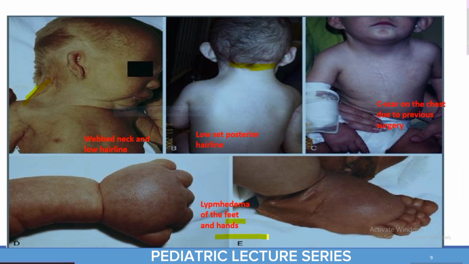On physical exam you may also find these children having a C-shaped cut on the chest, which might indicate a history of previous surgeries to correct heart defects, because these children tend to have heart defects.